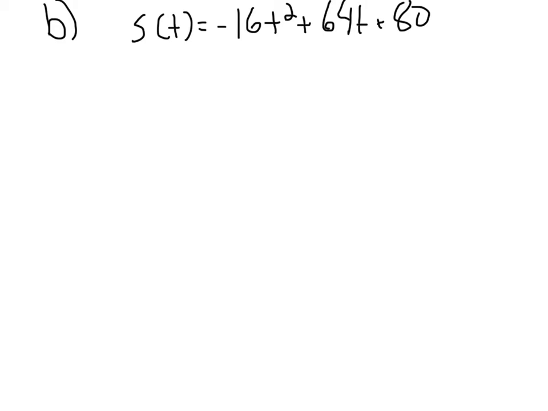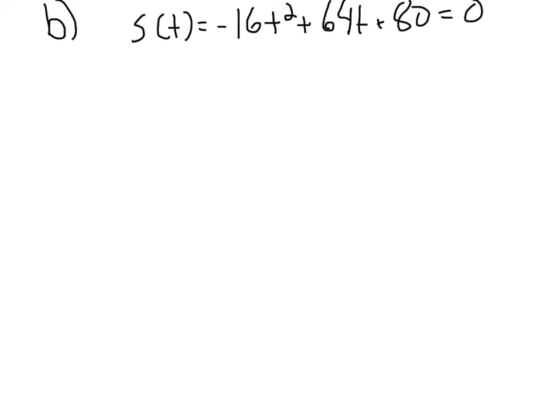For the second part of that question, it says, when does the ball hit the ground? Well, I already know the position, or the height function, is equal to negative 16t squared plus 64t plus 80, and I want to know when this is equal to 0. So all I need to do is solve that equation. All I need to do is factor.